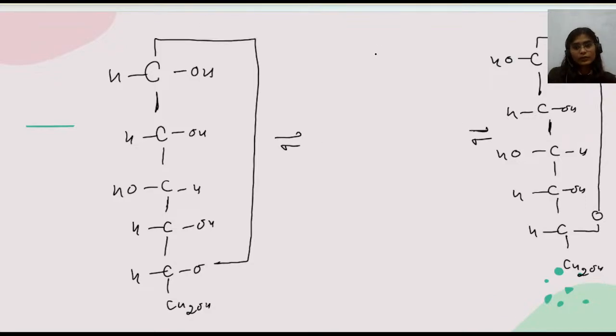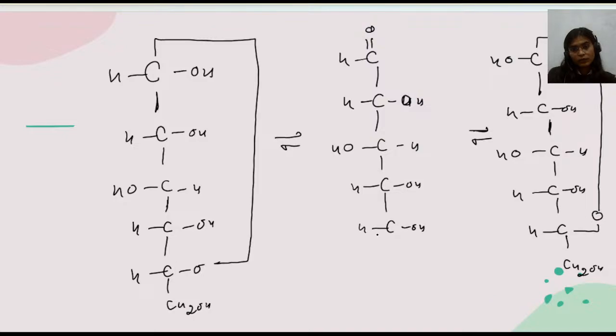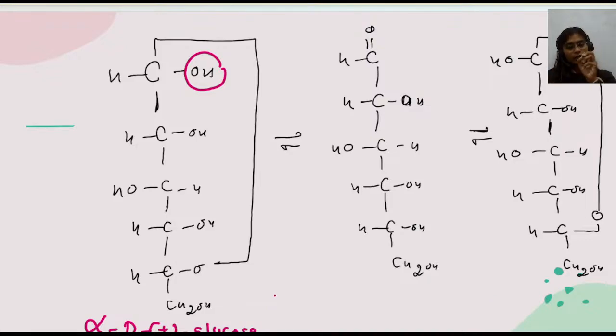And in between, the open chain structure. Now ready, look at this. On this side, OH on the right side, so it's alpha-D-positive glucose.